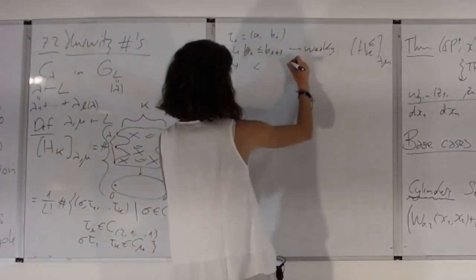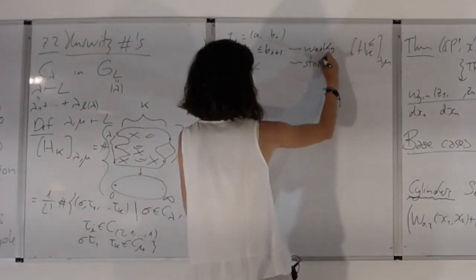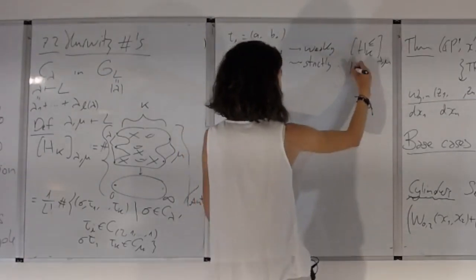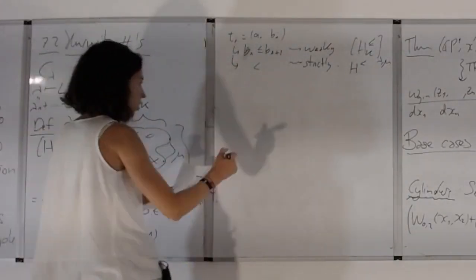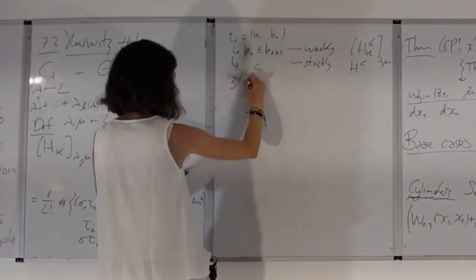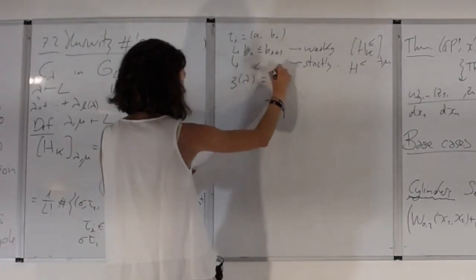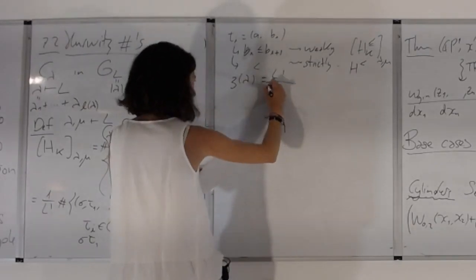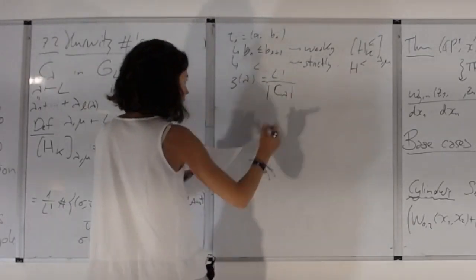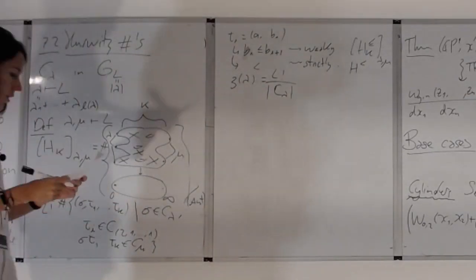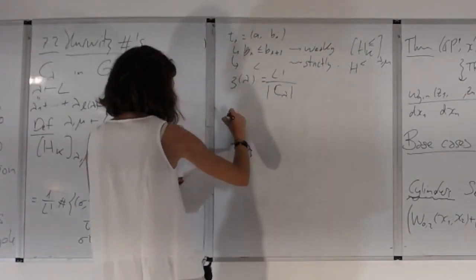And if it's strictly, then it's strictly monotone, and we denote them just with a strictly smaller sign. So we just need this, and then I'm able to state the theorem and finish here. This is just L factorial over the number of elements in that conjugacy class.